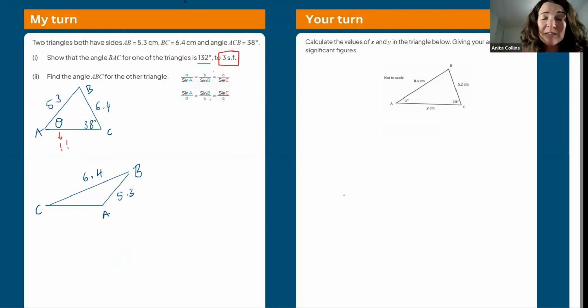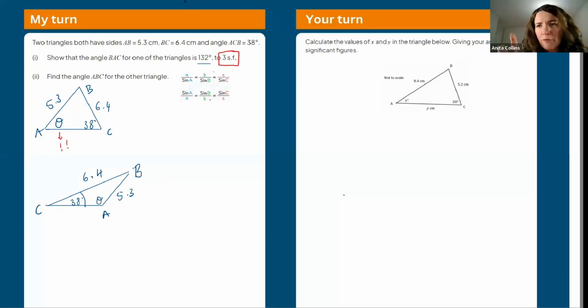I know in my diagram it looks a little bit longer there, but it could potentially still be 6.4. My angle BAC is now this angle here, and you can see the angle BCA is 38 degrees, and the angle BAC is theta. Now that is a more realistic 132 degrees. So it's going to be the second case here.